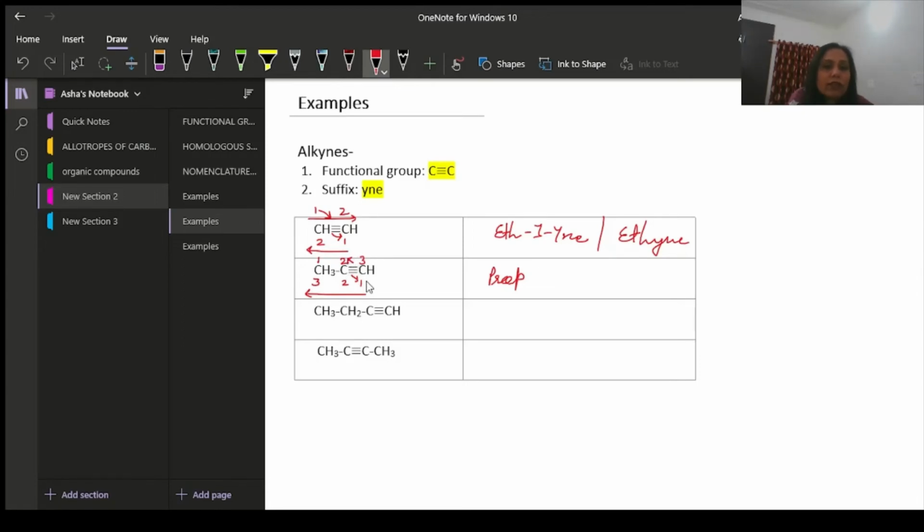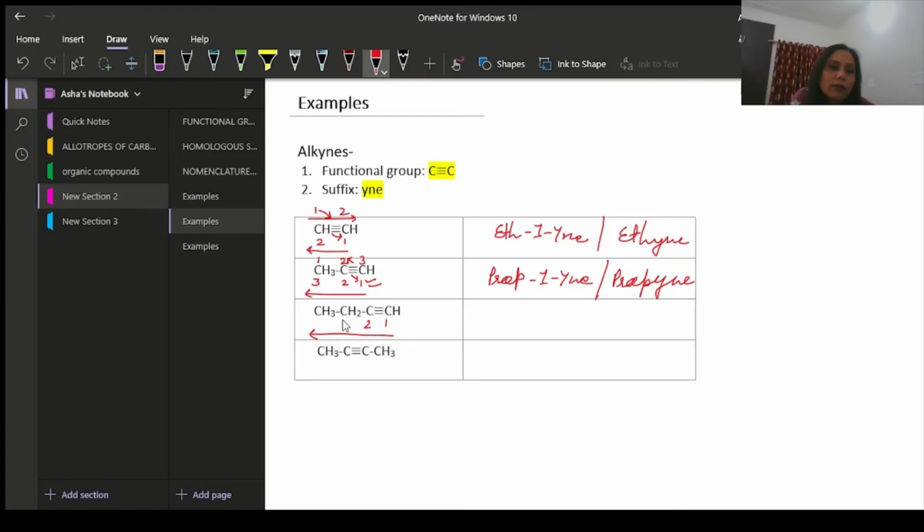So obviously we are going to take the lowest one, so backward counting we will be taking, and with the first carbon the triple bond is coming, so 1-yne, and it can be written as propyne in short.